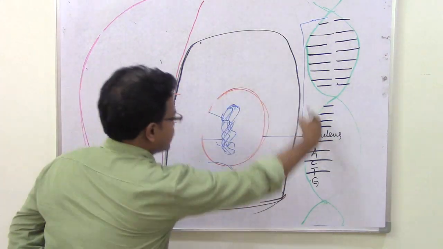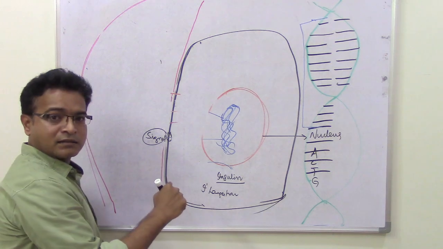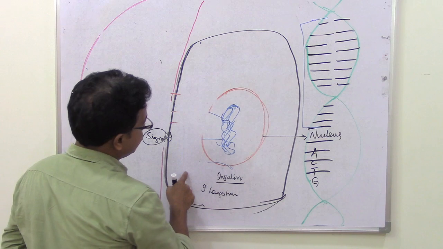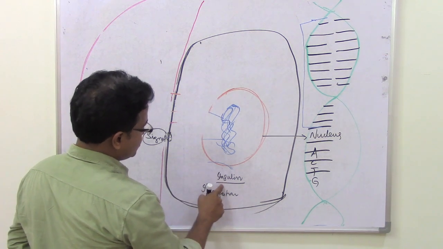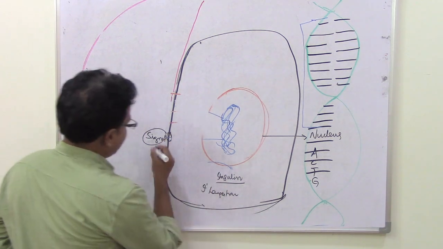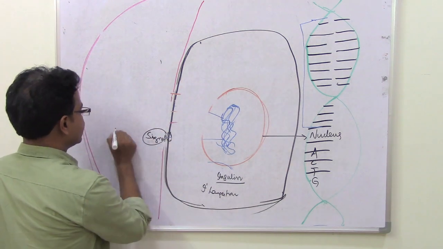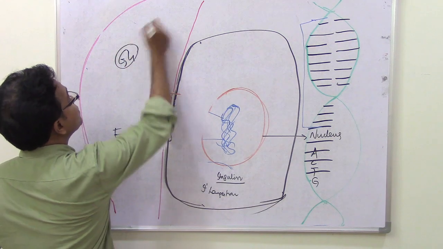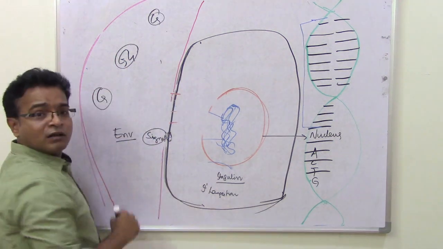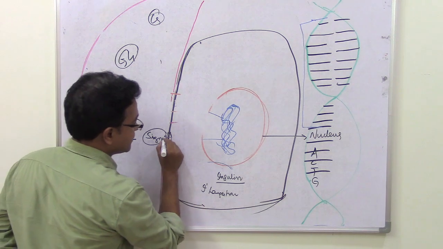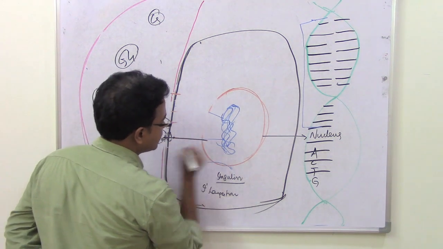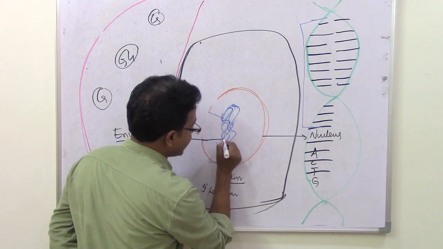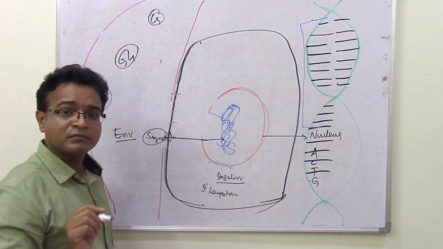So, the job of this cell in the pancreas, and that too the islets of Langerhans cells, is to produce insulin. So, there is a signal, a demand from the environment. What is the environment saying? You see, everywhere there is glucose, glucose, glucose. So, a small protein molecule sends a signal to the cell, enters the cell, and from there it enters the nucleus and talks to a particular gene.